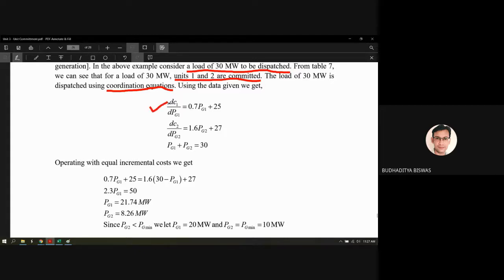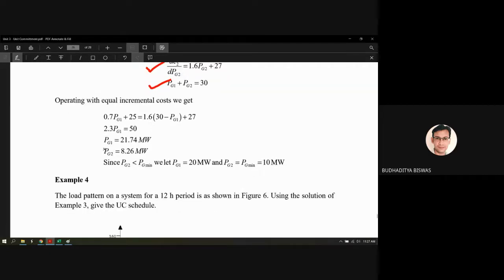This is the incremental fuel cost for unit 1, this is the incremental fuel cost for unit 2, and the total load demand equals 30 megawatt for this particular example.